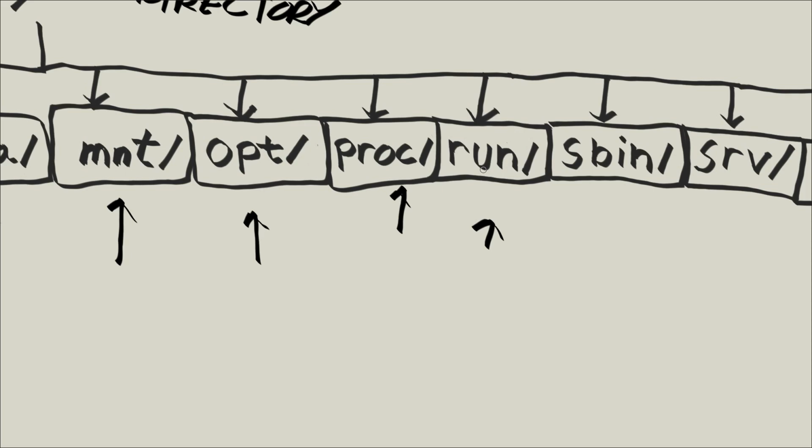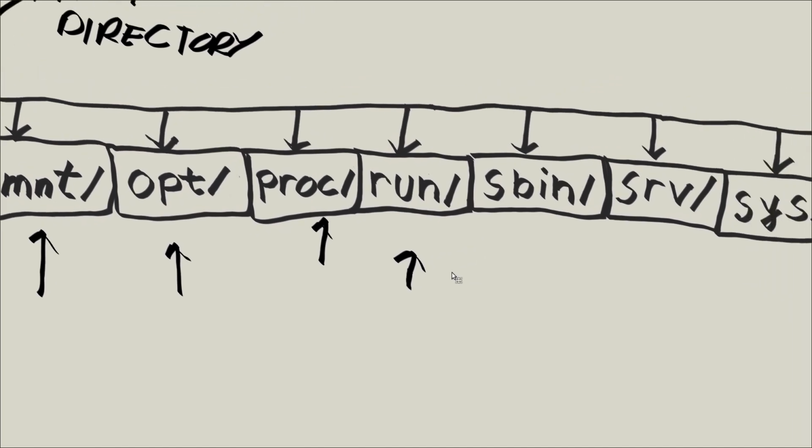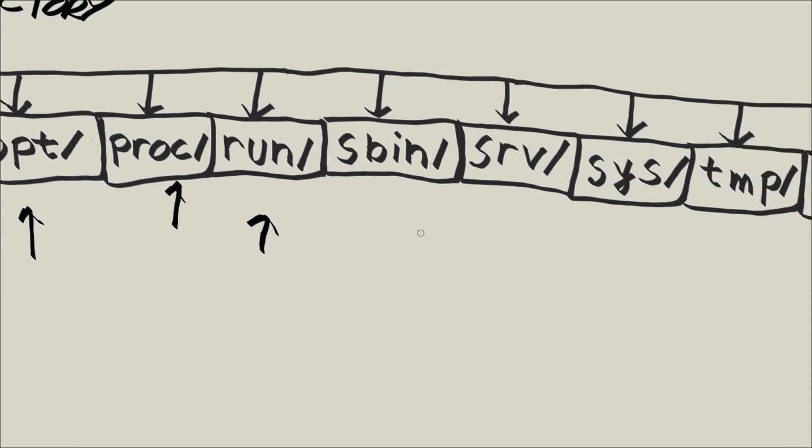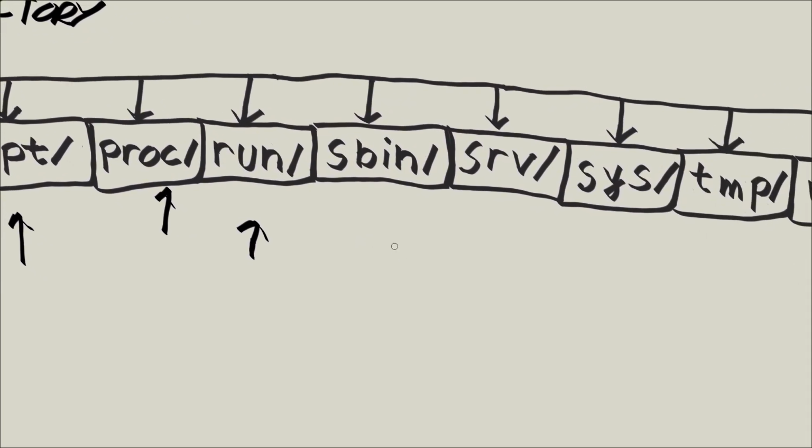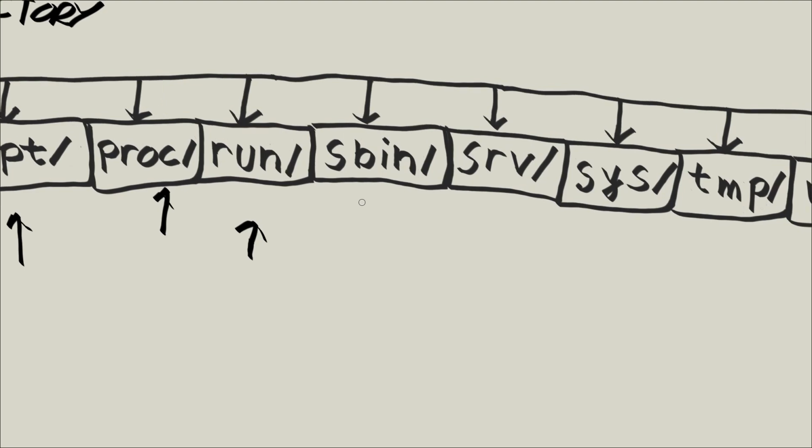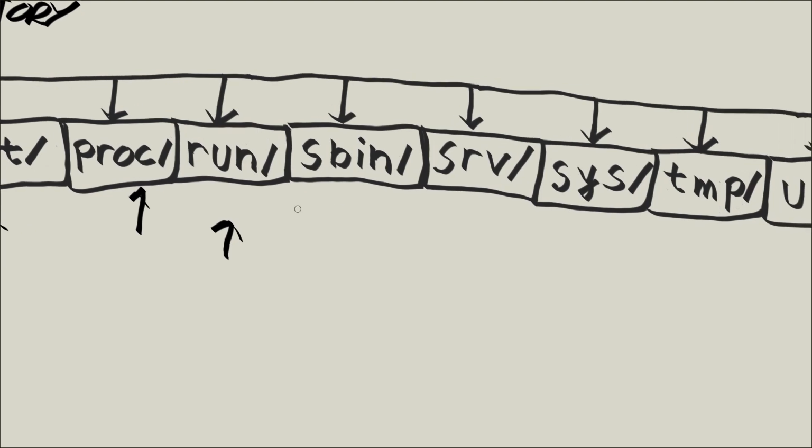That is very complicated to read, so I would describe run as files that disappear after every reboot, and a reboot is a system restart. Everything in run, if you shut down your computer, won't be there when you start it again. Sbin is a place for system executables.